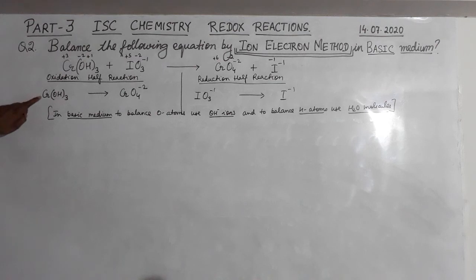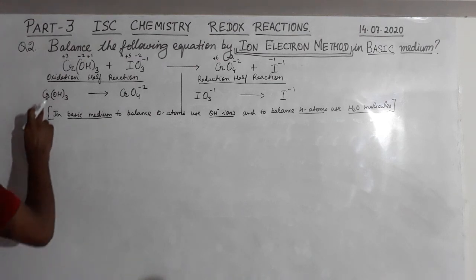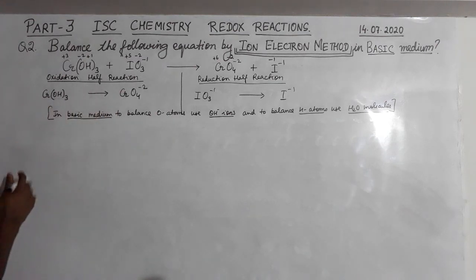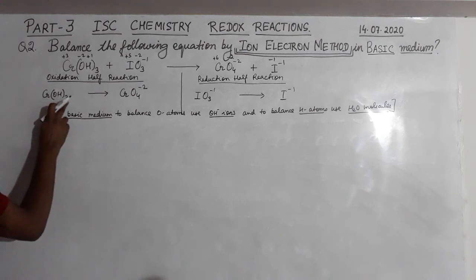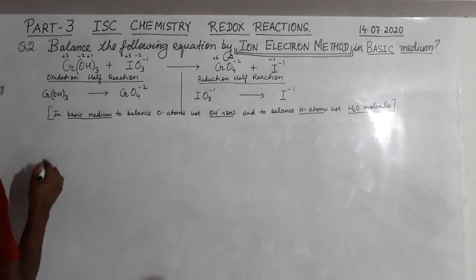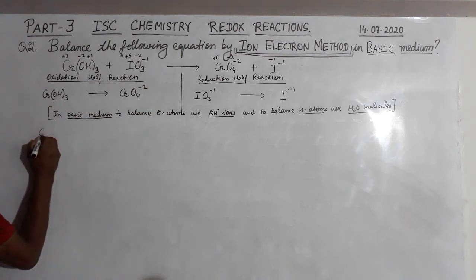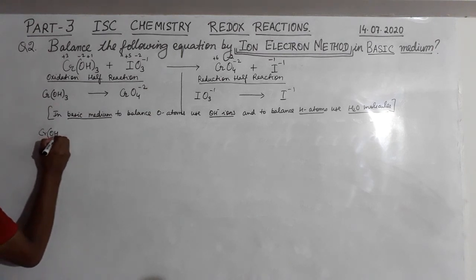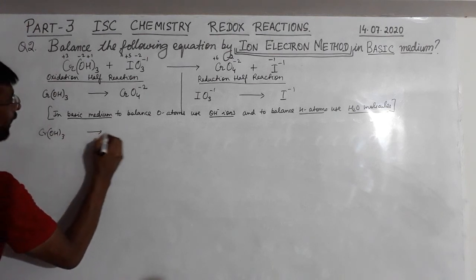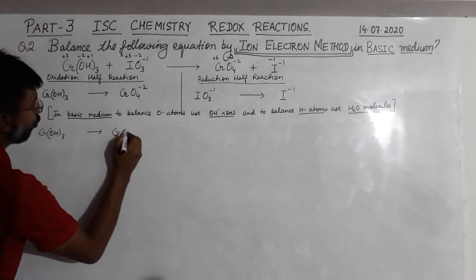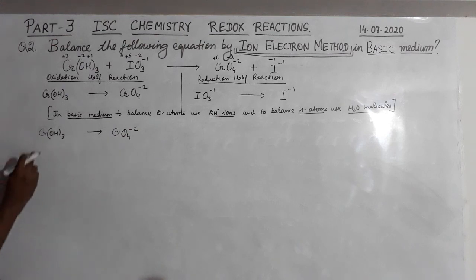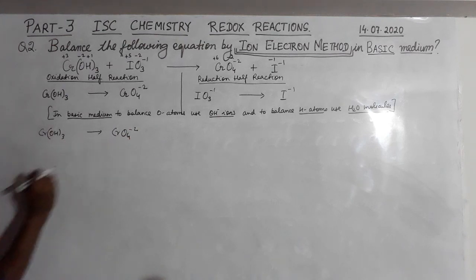So let us first balance this. Here chromium is balanced already, oxygen is 3, hydrogen is 3, and hydrogen is not there on the other side. So I write once more Cr(OH)3, put an arrow, CrO4 2 minus. Over here oxygen is 3, but there oxygen is 4.